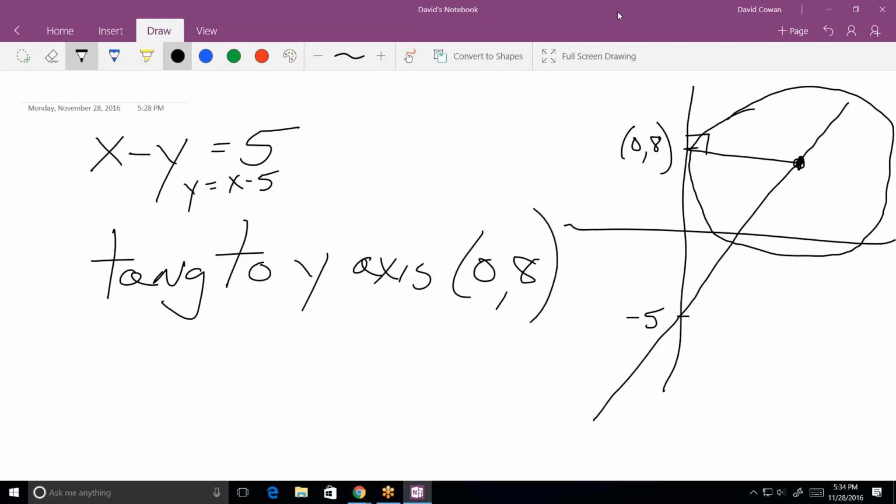Yeah, let me think for a moment here. How am I going to come up with the equation of this circle? In other words, what you say is true, that point is at 5, comma 0.